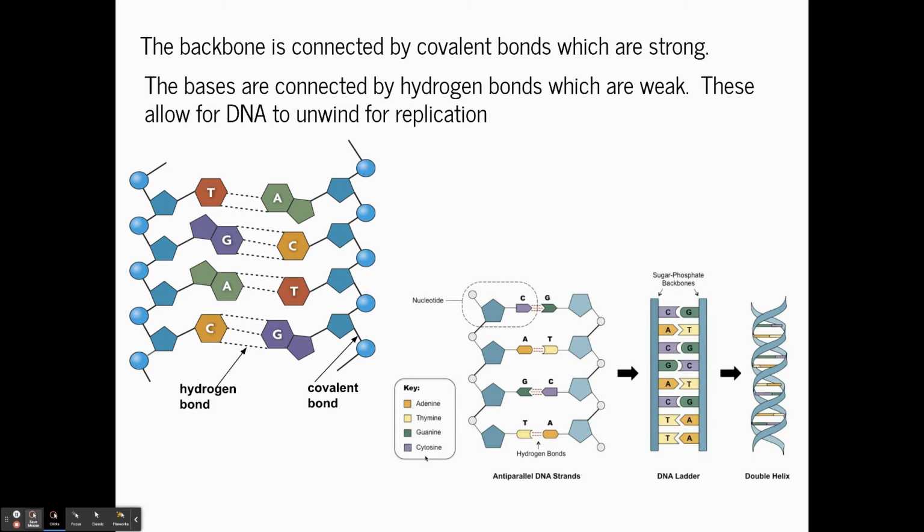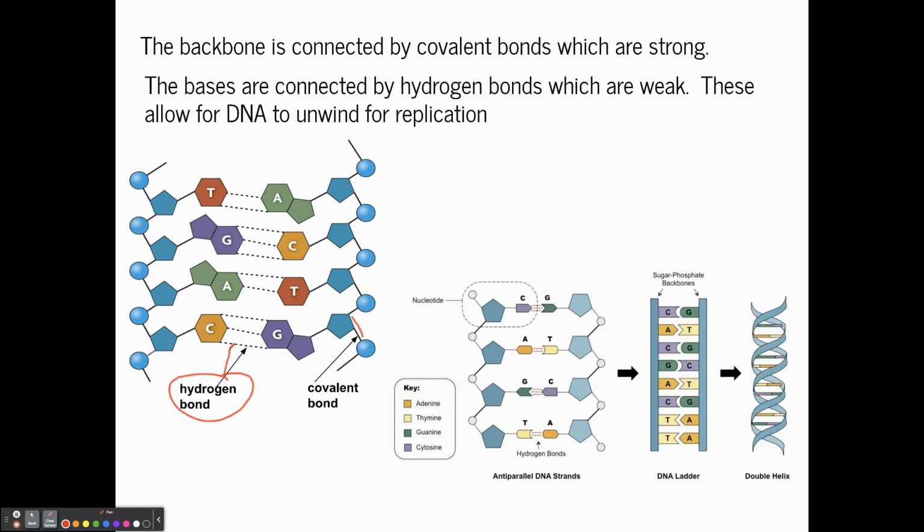The backbone, as we stated, is connected by covalent bonds, which are strong. So as we see here, our covalent bonds are located between the sugar and the phosphate group. Okay. And then we have our hydrogen bonds, which are located in the middle. And these here are weak bonds.